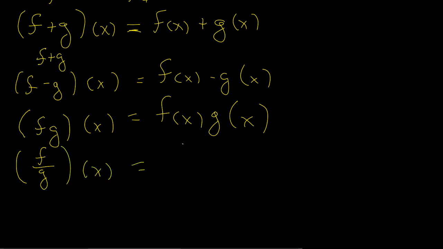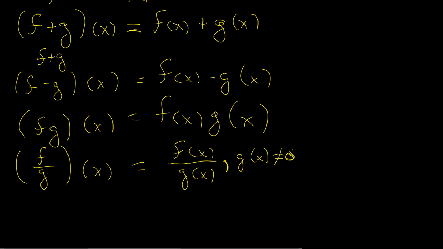We started with the idea of division because it has a value. But at this point, we don't require these to be polynomials anymore. Rational functions were restricted where f of x had to be a polynomial and g of x had to be a polynomial. In this case, we're dividing the two functions, no matter what form they have. And we get an additional set of domain restrictions that come from g of x not being 0.